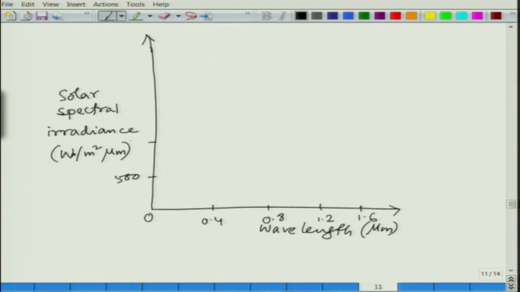Okay, sorry, I need to demarcate the y axis: 500, 1000, 1500 and then 2000 and maybe 2500. Okay, here. So, let me draw the solar spectrum with the red one.